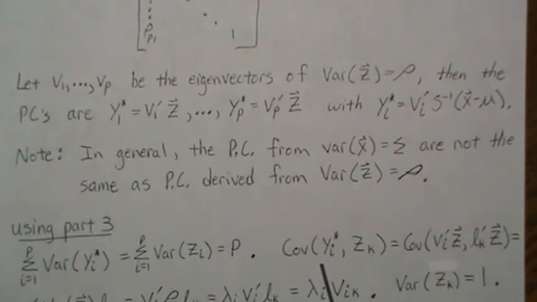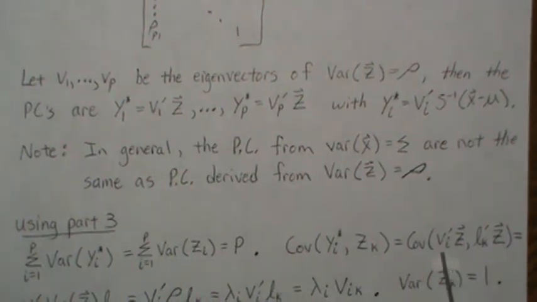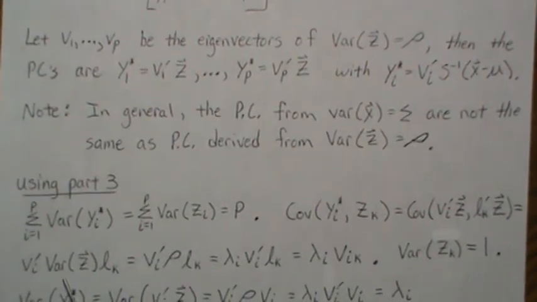Now the covariance between the ith standardized principal component and the standardized variable: we can replace what they are in here, and then we can take that vector out and transpose it out back, and we get this.